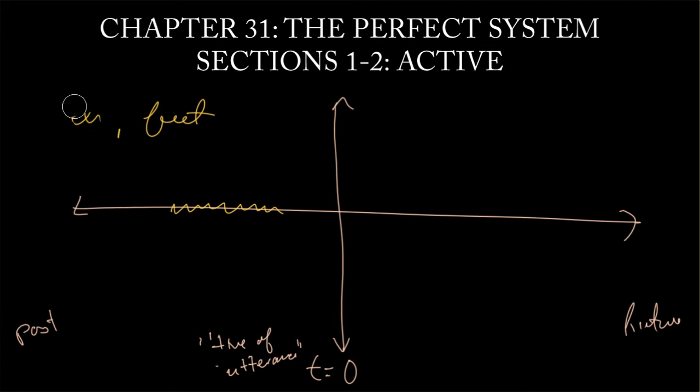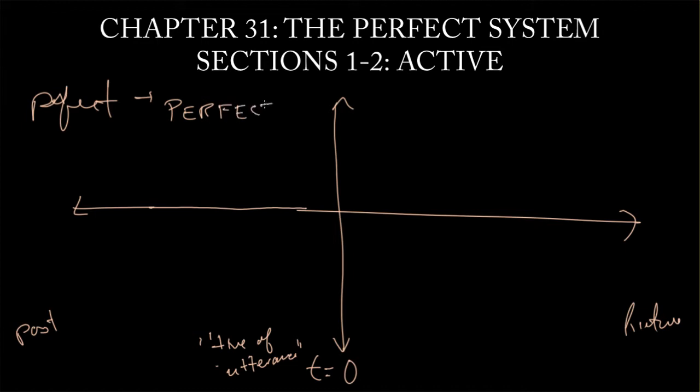Let's get finally to our actual perfect. So it's going to be different from the imperfect, right? I mean, that's why they have different names. And what does perfect mean even? Perfect helps if I spell it correctly. Well, this is coming from the Latin word, I can write out perfectum, that's the neuter form.